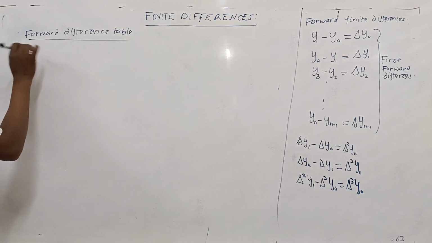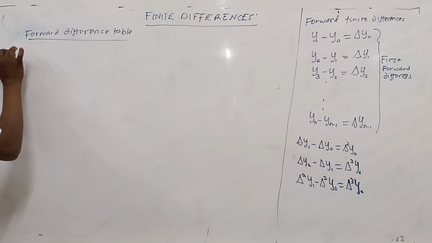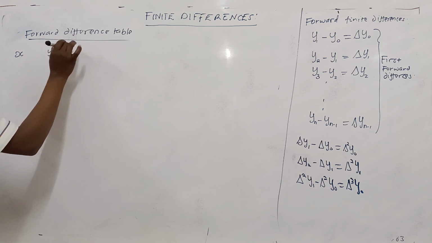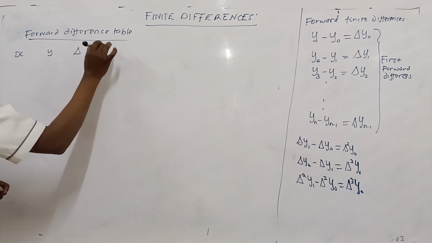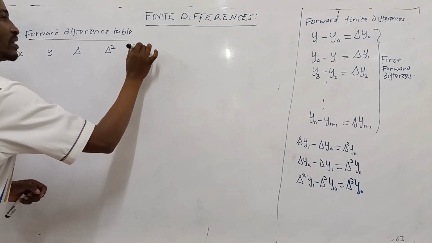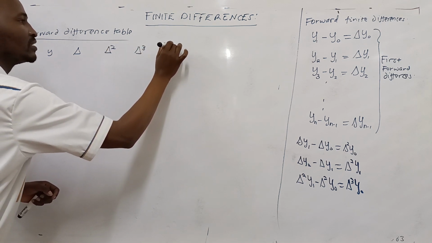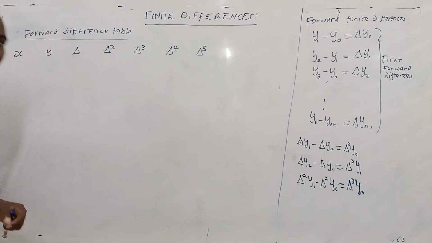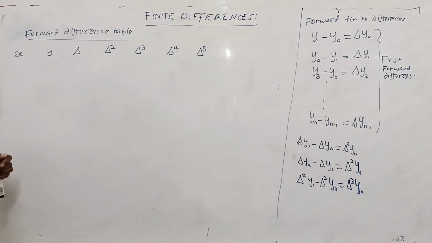Let us start with the values of the argument here, x. Here you have the value of the argument. Here we have the value of the entry. Here we have the first forward difference, second forward difference, third forward difference, fourth forward difference, fifth forward difference.